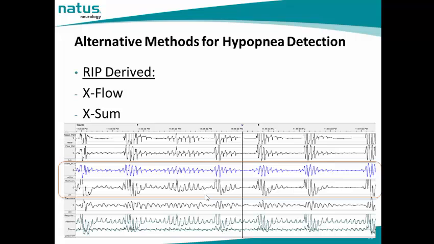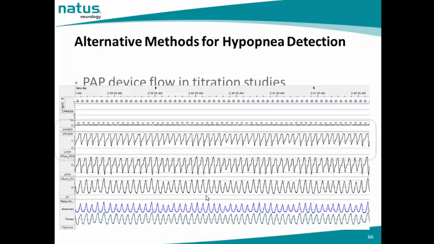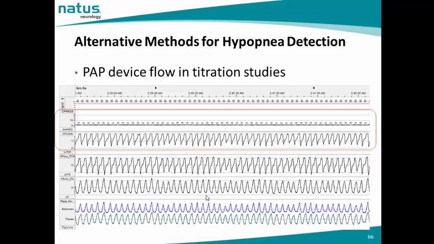So when supplementing a patient with oxygen or when monitoring end-tidal CO2, we will lose the chance to monitor nasal pressure cannula. In this case, RIP flow and RIP sum can be used as alternative methods to score hypopneas and apneas. In titration studies, PAP device flow can be used as an alternative method for detecting apnea and hypopnea.